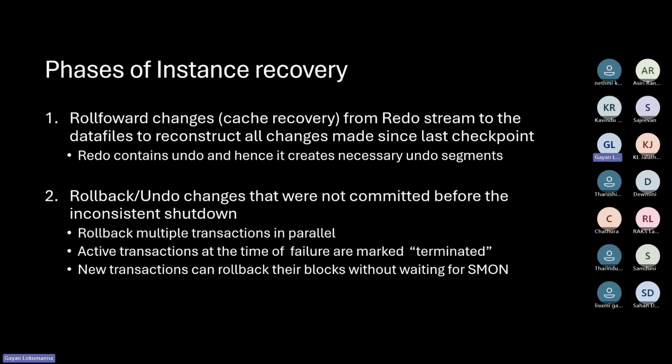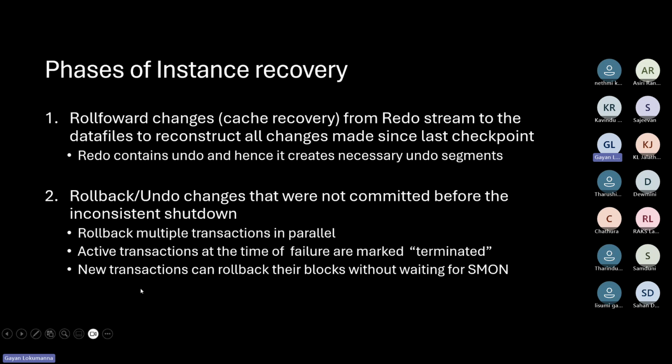That is how it happens, and this rollback will happen in parallel in order to make the process fast. Here, the in-flight transactions that were ongoing but not committed at the time of the failure will be marked as terminated, so those transactions will be rejected.